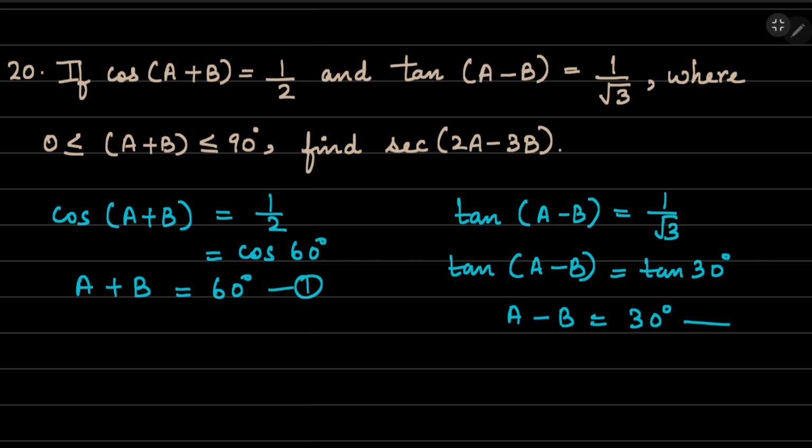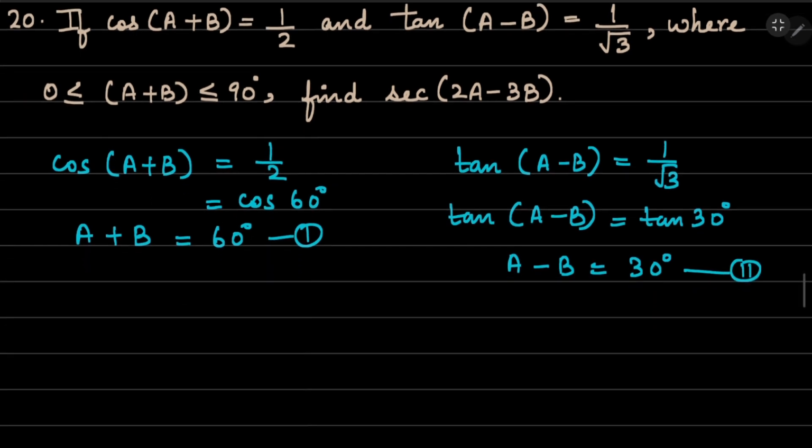Let this be equation 1 and this be equation 2. These are linear equations, so just add equation 1 and equation 2 to get a. A plus b is equal to 60, a minus b is 30. Just add them.